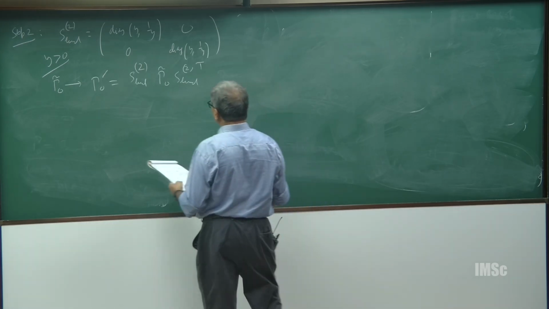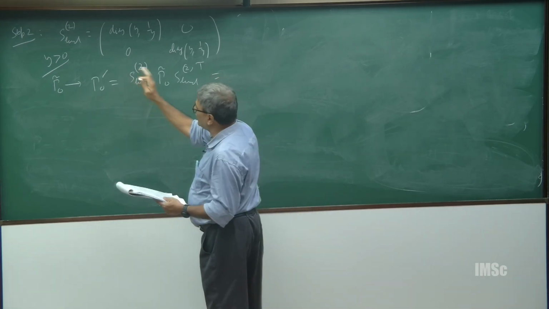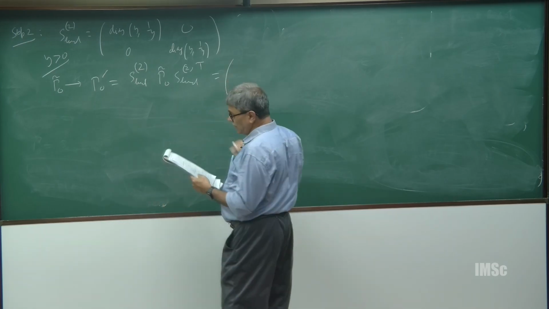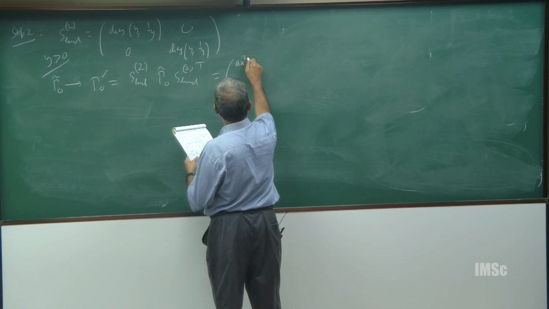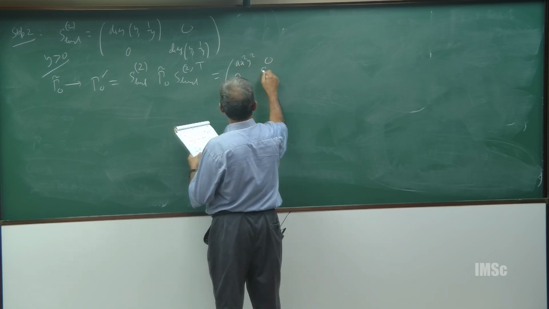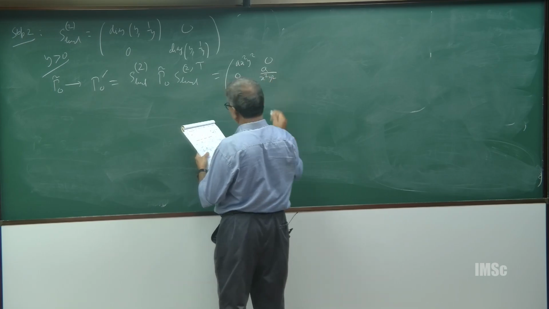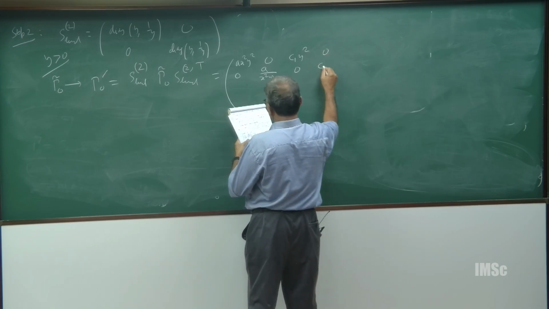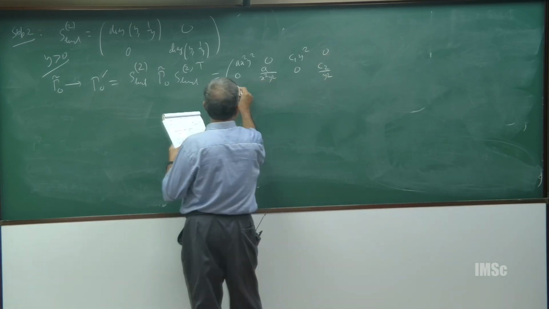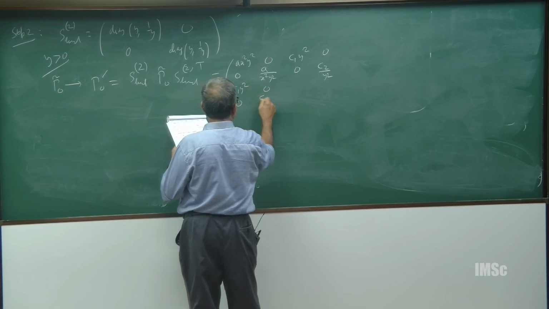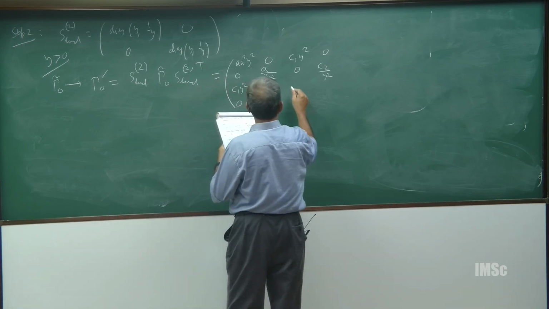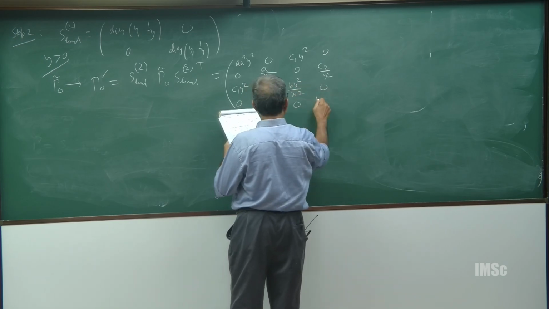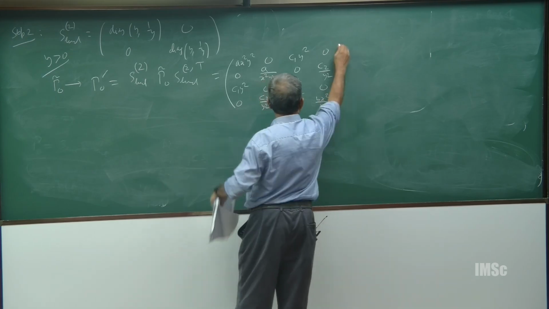So, again if you calculate, this is again simple, but this time there will be change in the off diagonal entries. So, this will be a x square y square 0 0 a by x square y square, this is fine. Now, this time it will be c 1 y square 0 0 c 2 by y square, this is c 1 y square 0 0 c 2 by y square, and here it is b y square by x square 0 0 b x square by y square.